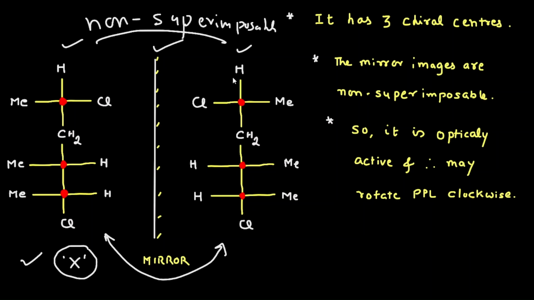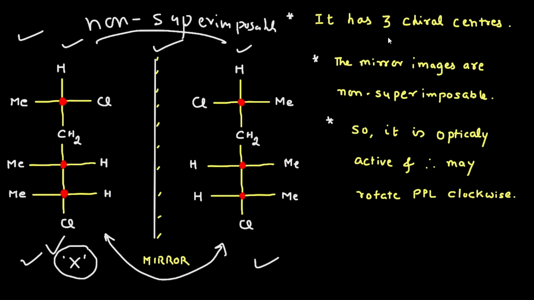If for example you take X and suppose it rotates the plane polarized light in the clockwise direction, the mirror image will rotate the plane polarized light in the anti-clockwise direction. So from this action of letting us know that the two are non-superimposable mirror images, we can take out certain inferences.